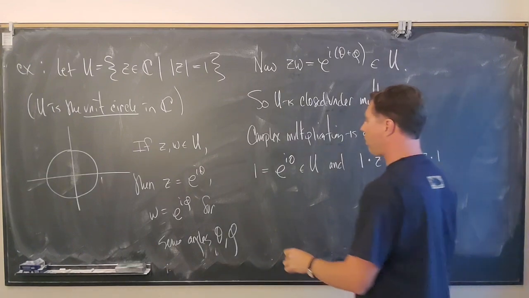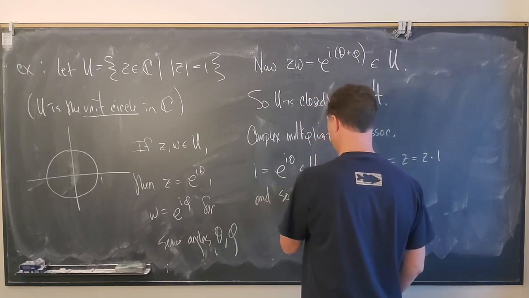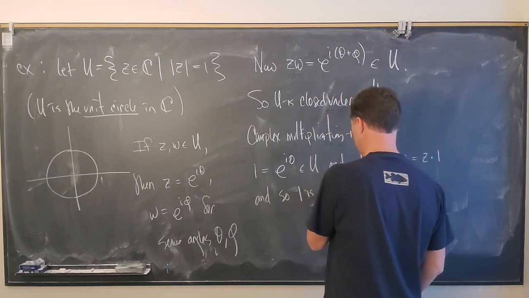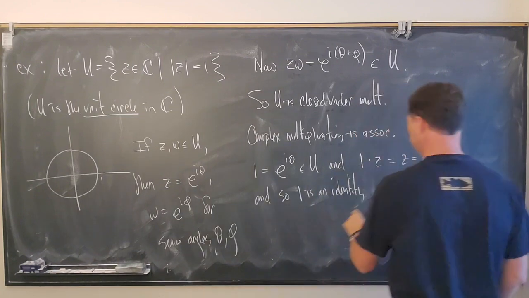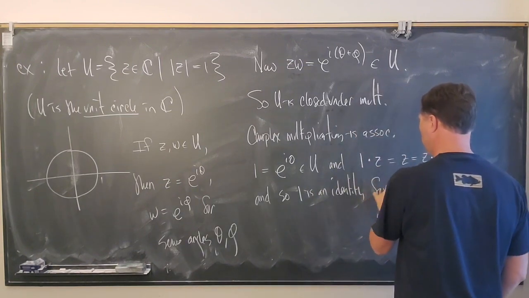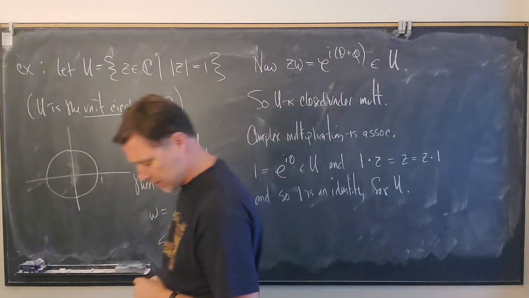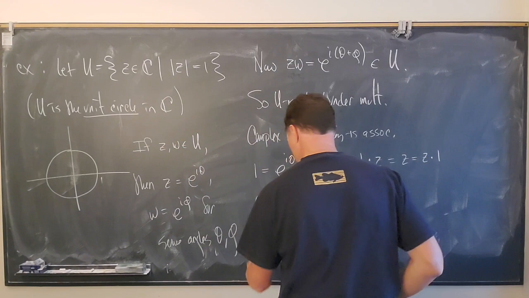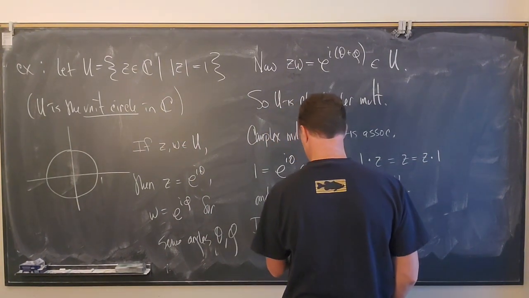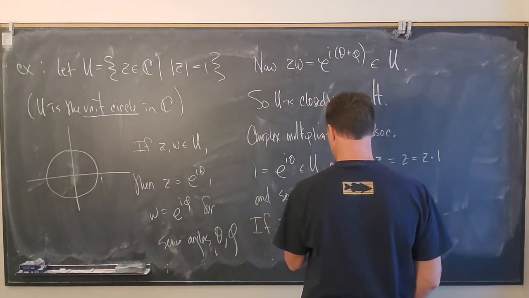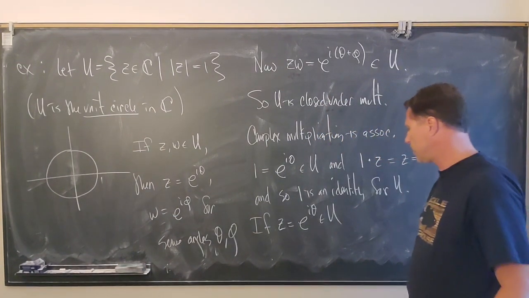And so 1 is an identity for capital U. The last thing we need are inverses, and so if Z equals e to the i theta is an element of U, who's an inverse going to be?